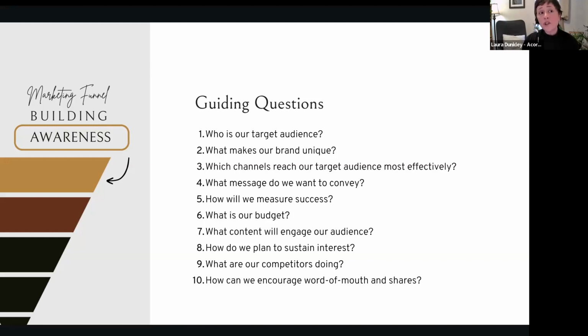What is your budget, time, skills, and resources as far as money too, right? What content will engage your audience? What inspires them? That's really understanding. Again, it's not just who the target audience is, but get right into their headspace and their motivators. How do we plan to sustain interest?